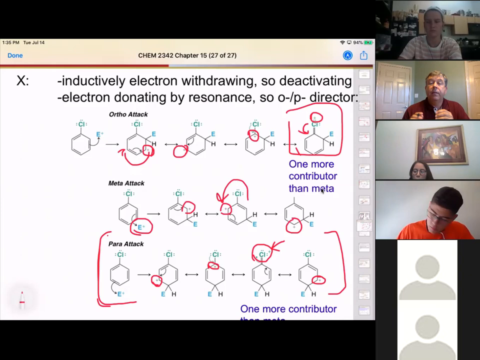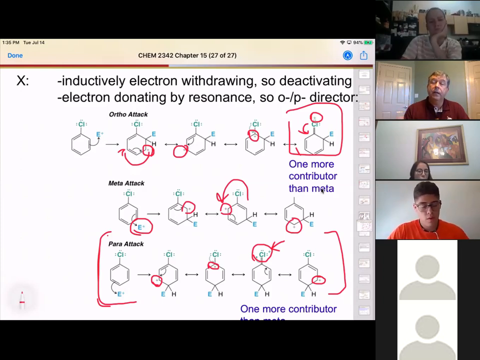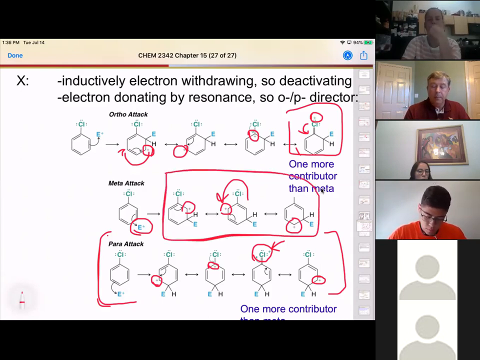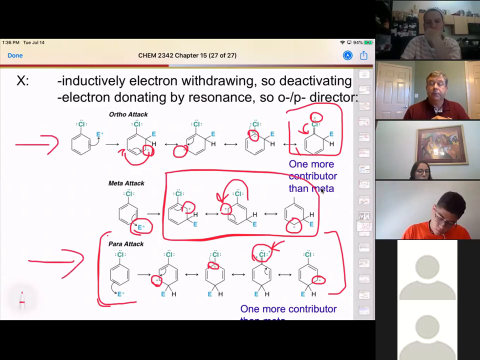There is no way for the lone pairs on the chlorine to contribute to giving us another stable contributor. We only have 3 resonance contributors in the meta attack. In ortho and para, we have 4 resonance contributors.